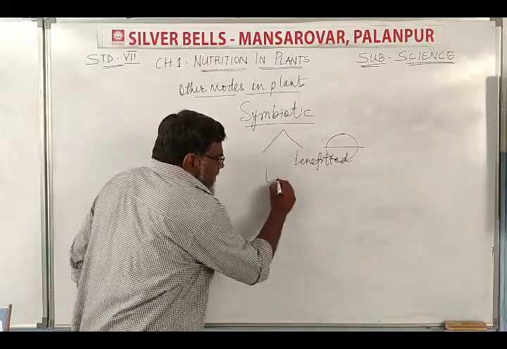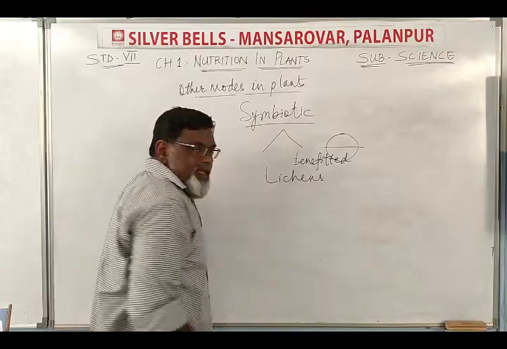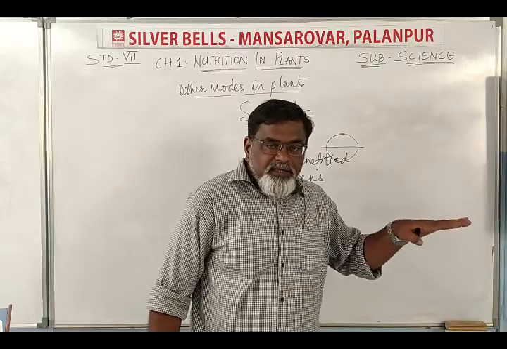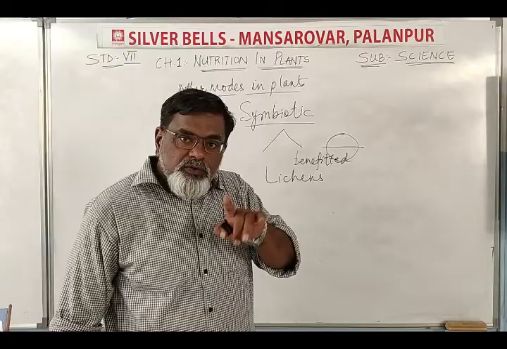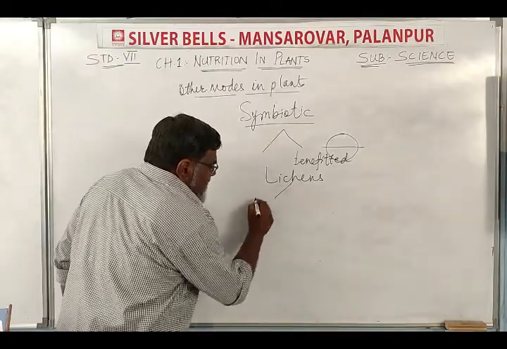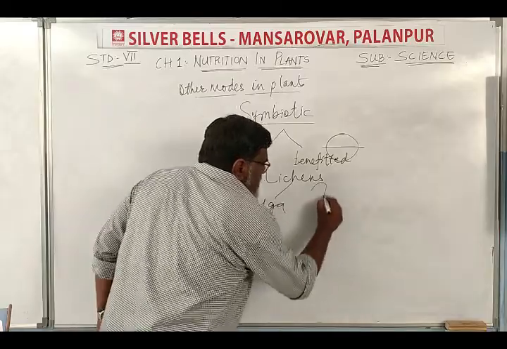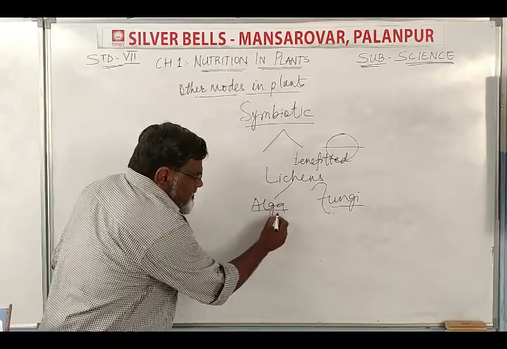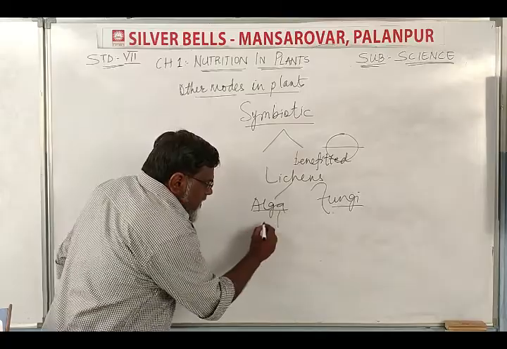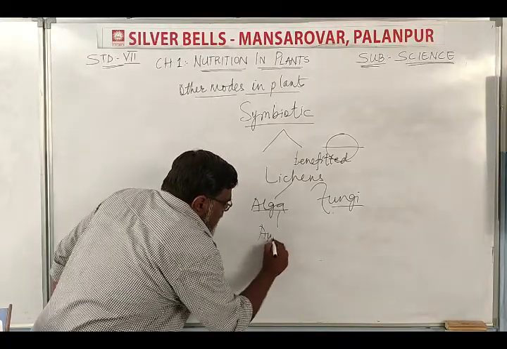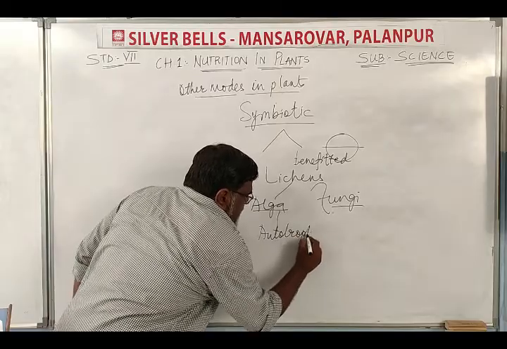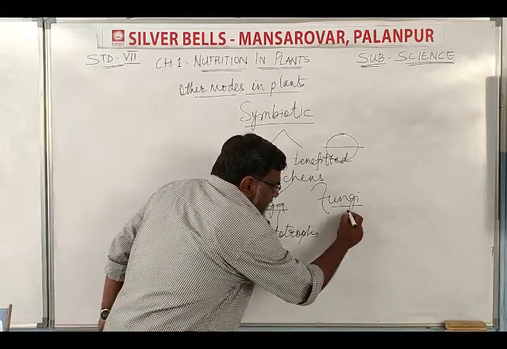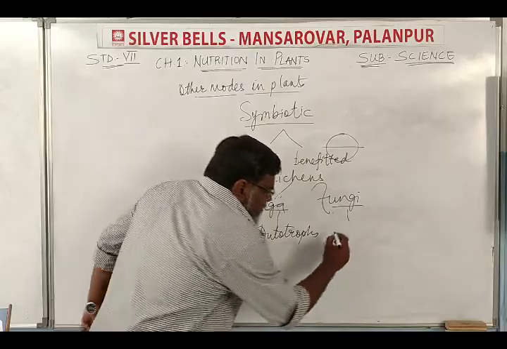इसके अंदर बेस्ट एग्जाम्पल लाइकेंस के हैं. अब लाइकेंस किसको बोलते हैं मालूम है? जो काय आती है, पानी जहाँ ज्यादा रहता है वहां पर काय आती है ग्रीन कलर की, उसको बोलते हैं लाइकेंस. अब लाइकेंस के अंदर अलगा एंड फंजाई दोनों रहते हैं. अलगा इज ऑटोट्रॉफिक, ग्रीन कलर का रहता है, so they are autotrophs because they prepare their own food, and fungi is heterotroph.